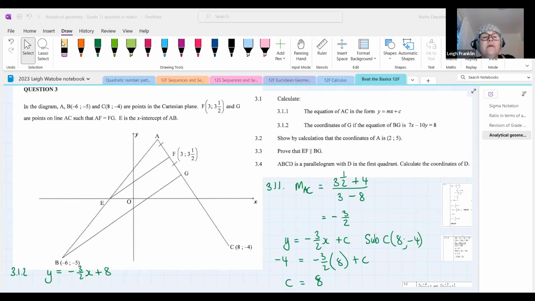Okay, Daka, that's not what I got. Is that for the coordinates of G? So they should both be positive, Daka, because G is a point in the first quadrant.